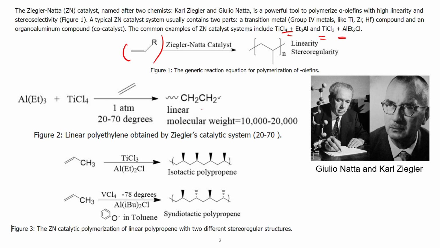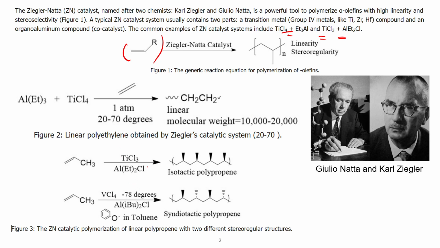There, branching was present and the molecular weight of the polymer was not very great. With this, they were able to make linear polymer with high molecular weight. That's one of the key discoveries in this field.